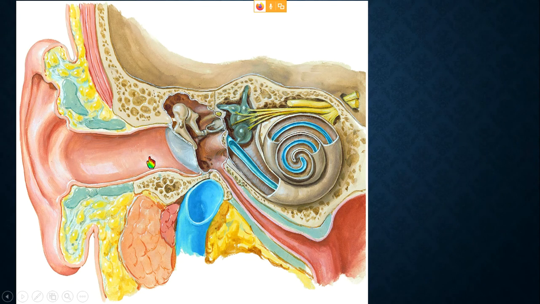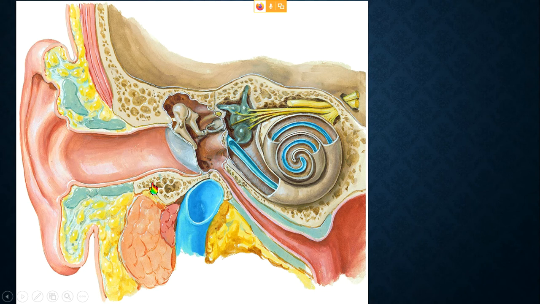Then the bony part is composed of the tympanic plate of the temporal bone, below and in front, and the squamous part of the temporal bone, above and behind. Which are the bony parts? Tympanic plate of temporal bone in front, and posteriorly you can identify the squamous part of temporal bone.